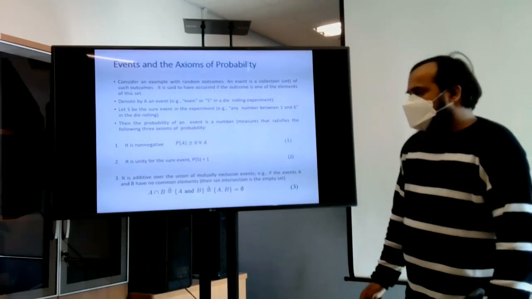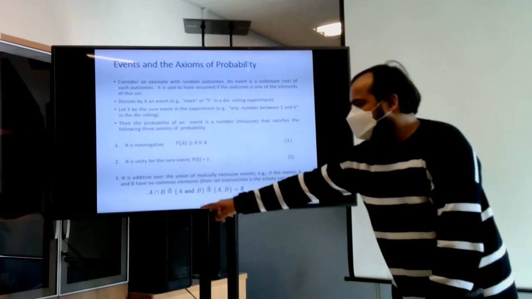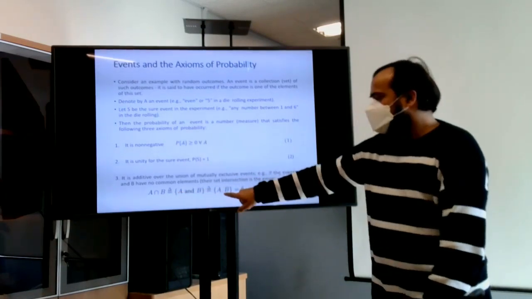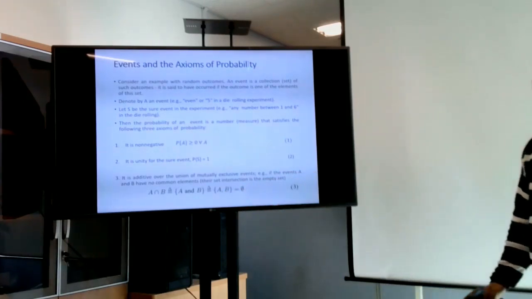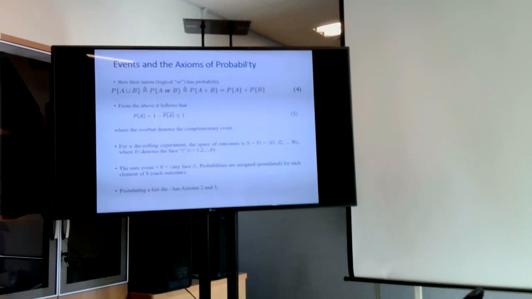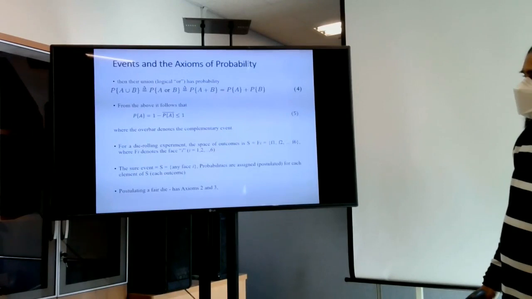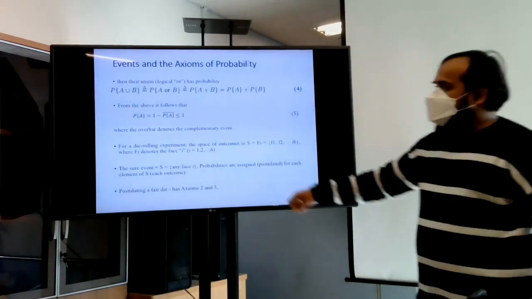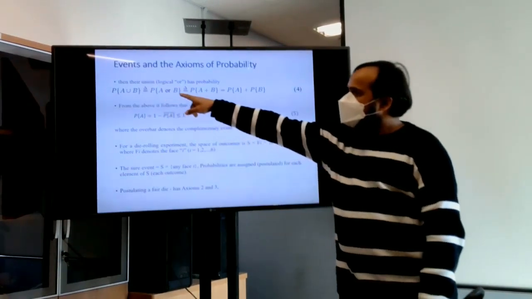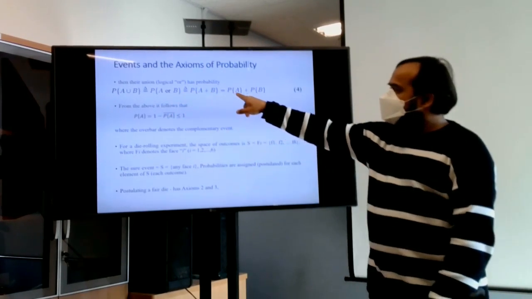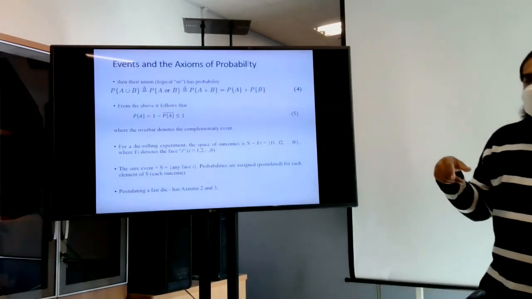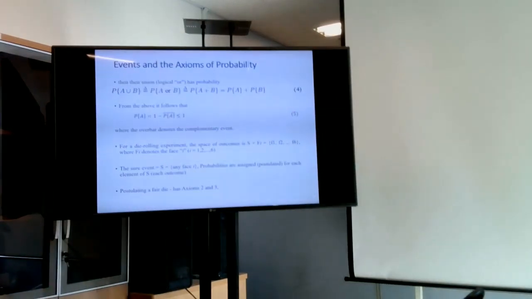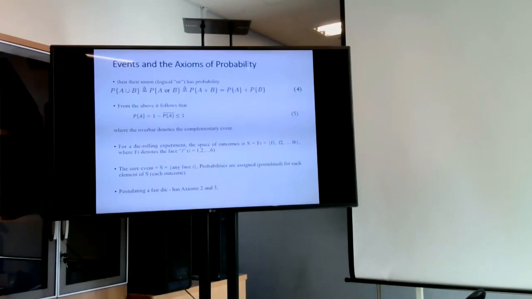In other words, their union, or logical OR, has probability P of A union B equals P of A plus P of B, meaning the total probability of the 2 sets is equal to the sum of the individual probabilities.